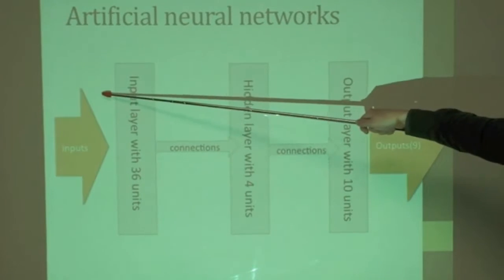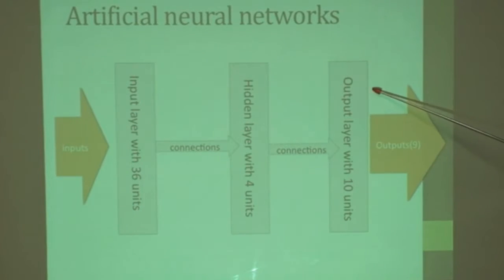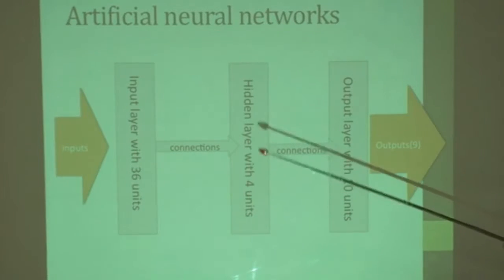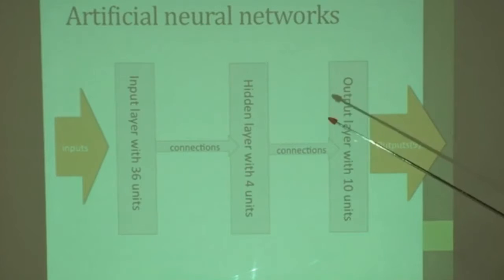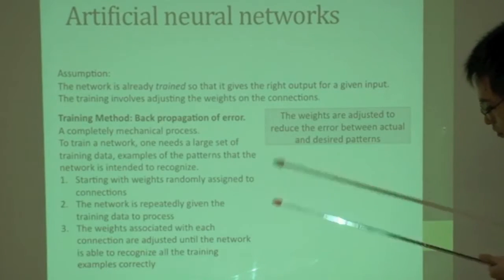The input signal will be processed by this neural network, and we will get the results of the handwriting recognition. However, this is just a kind of image of the system. The details are quite a little bit complex.